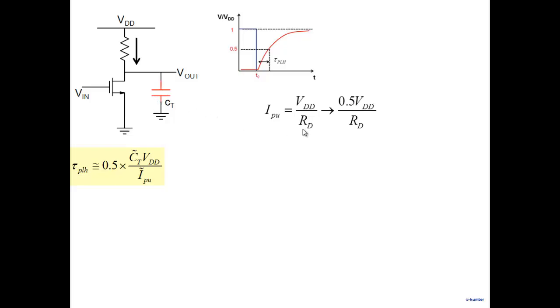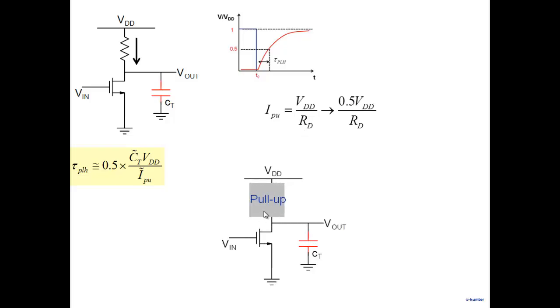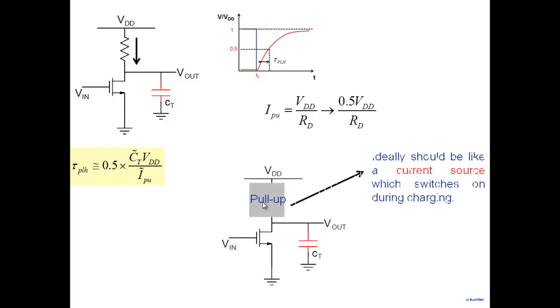Right? So ideally, we would like this pull-up element, let's say if I want to replace a resistor, maybe I would like it to be like a current source. Because if I have a current source of VDD by RD and it remains constant, then this particular node will charge up faster. A resistor is bad because it starts from VDD by RD and then the charging current drops to half by the time I reach here.